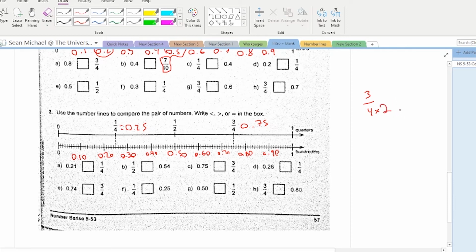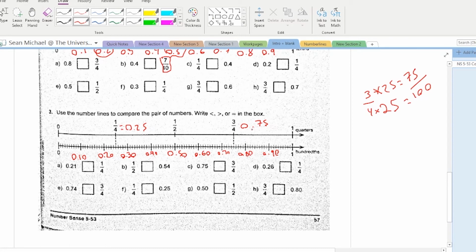So 4 times 25 equals 100, and 3 times 25 equals 75, and you can check this on calculators, and yeah, 75 over 100, and that's how you get it, and they're equivalent, right? So this is the right spot, and they're equivalent.